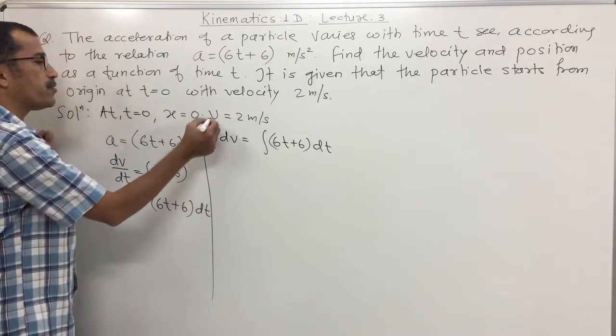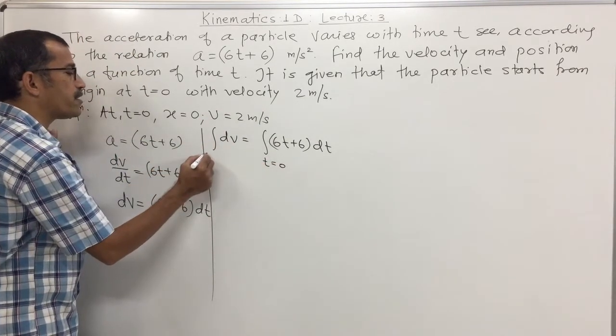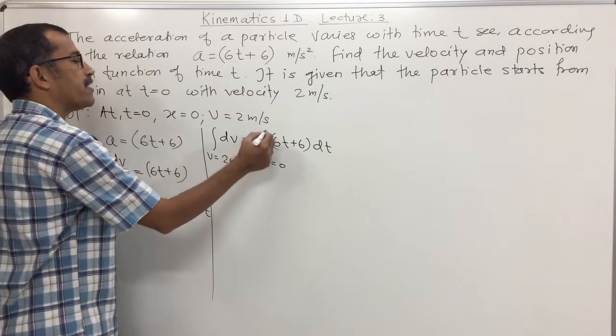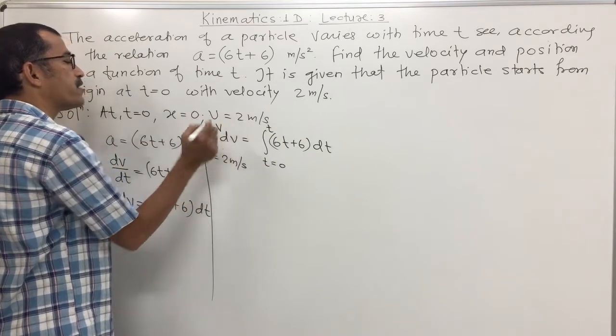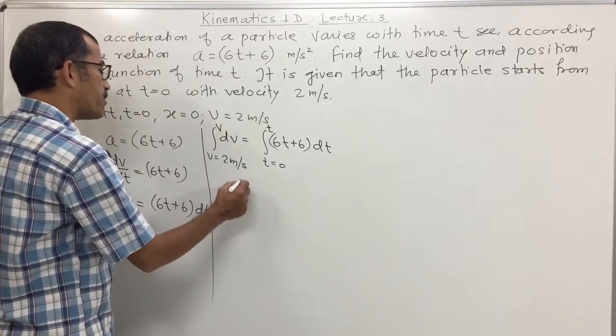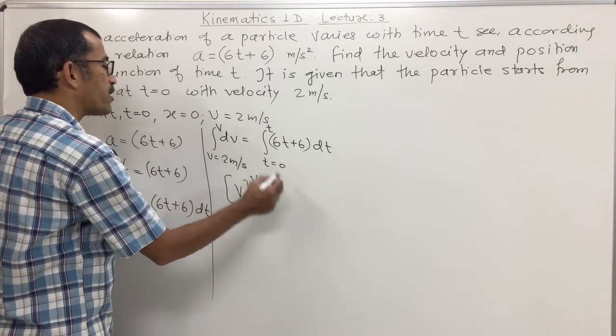Limits of integration: initially when t is 0, velocity is 2 meter per second. At any time instant t, we will assume velocity is v. Now the integral of dv is v, which varies from 2 to v.